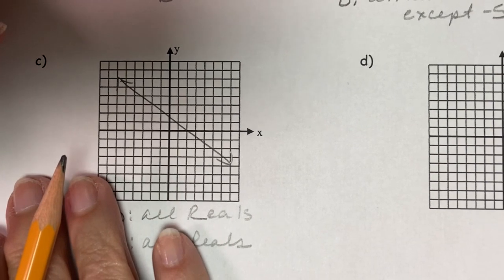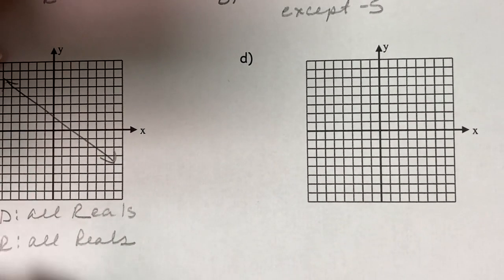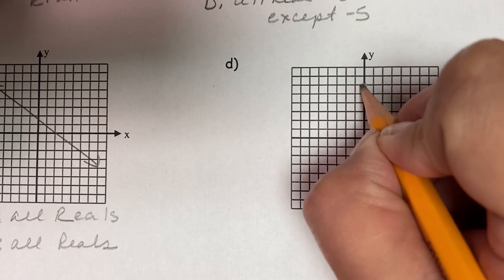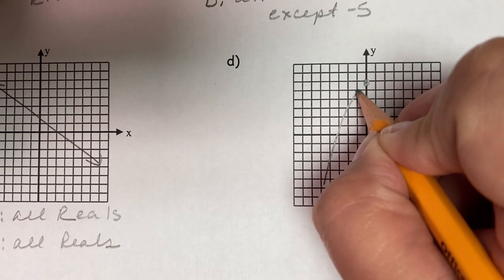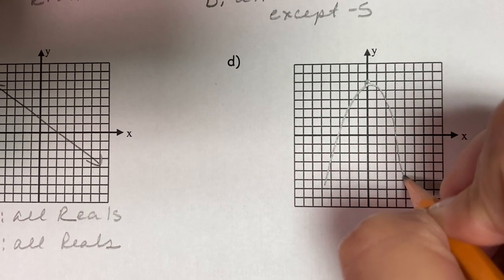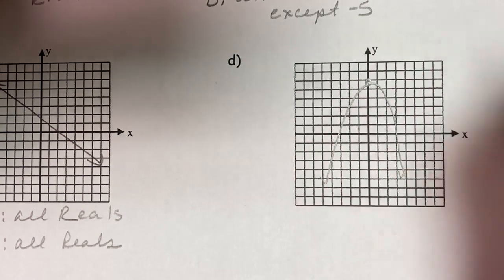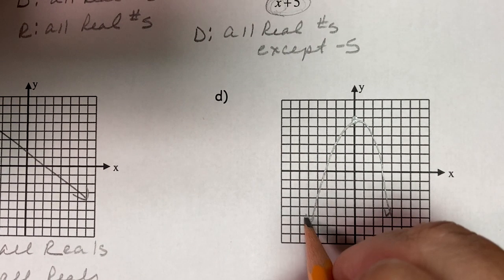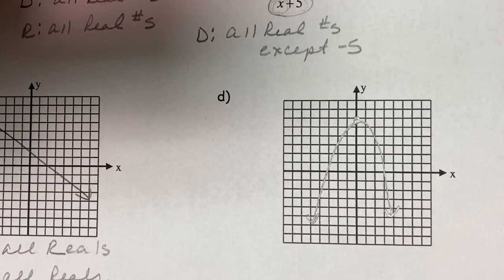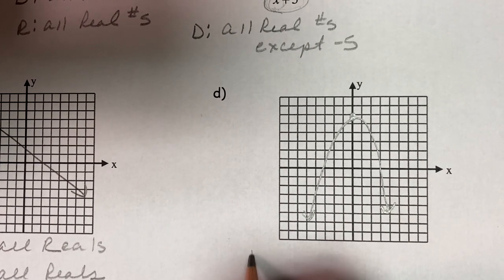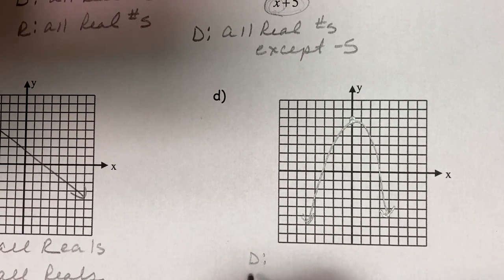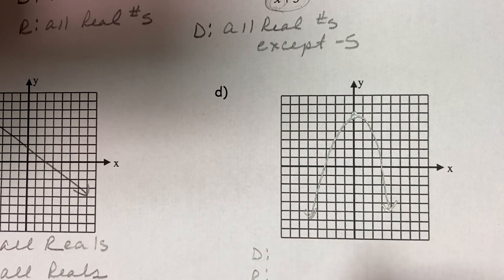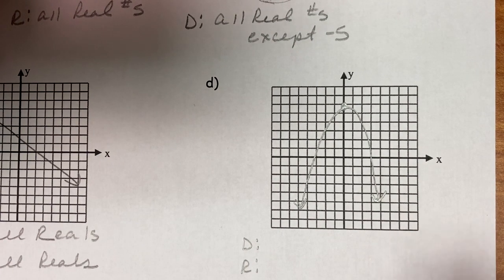Okay, let's do one that's a little trickier. Let's say I have this picture right here. Doesn't matter what the equation is. Let's talk about the domain and the range. So remember, the domain is the set of x's.